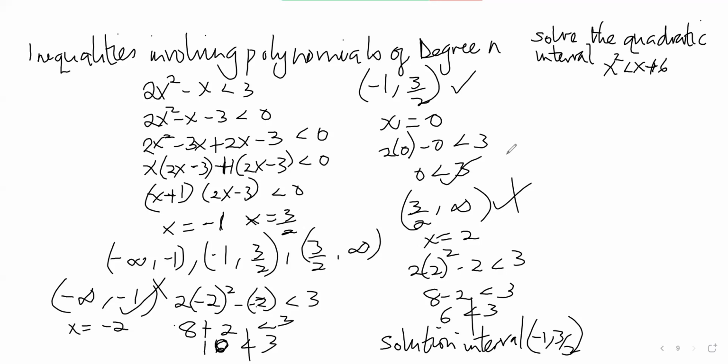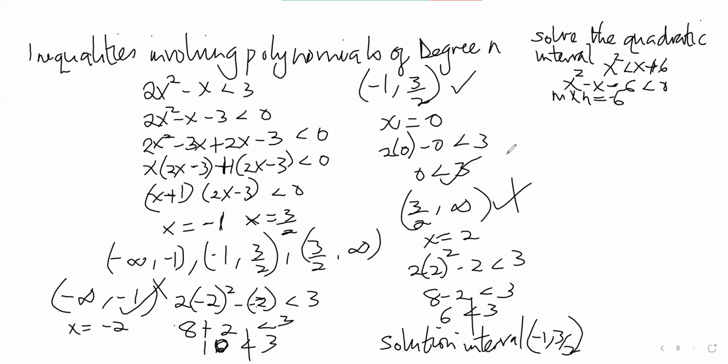So long as when you factorize, we're looking for two numbers, m times n, which will be equal to 6. You rewrite this as x squared minus x minus 6 is less than 0.